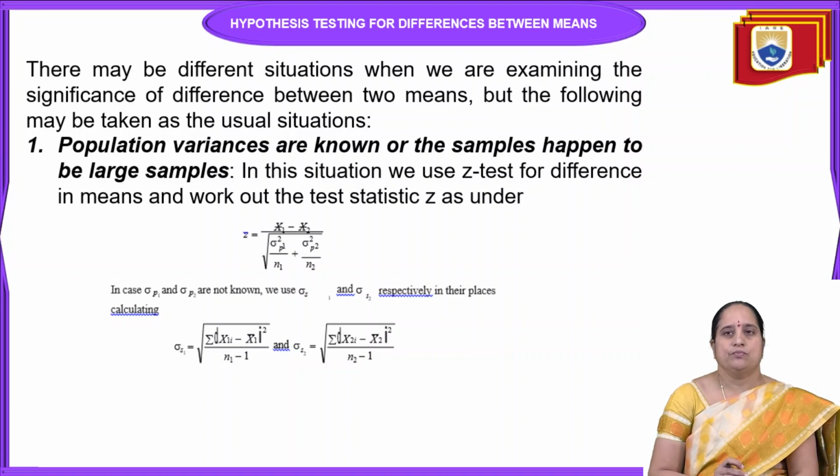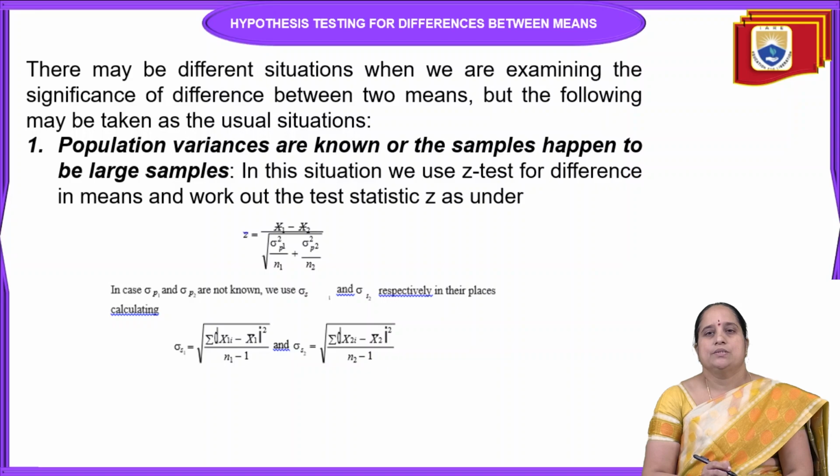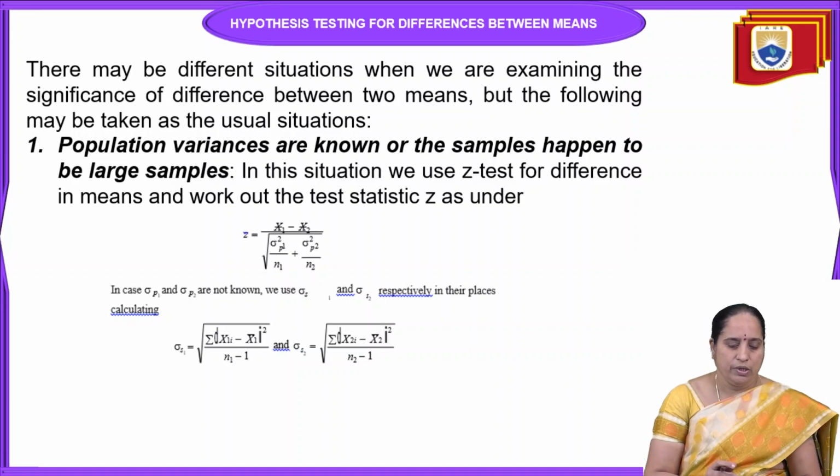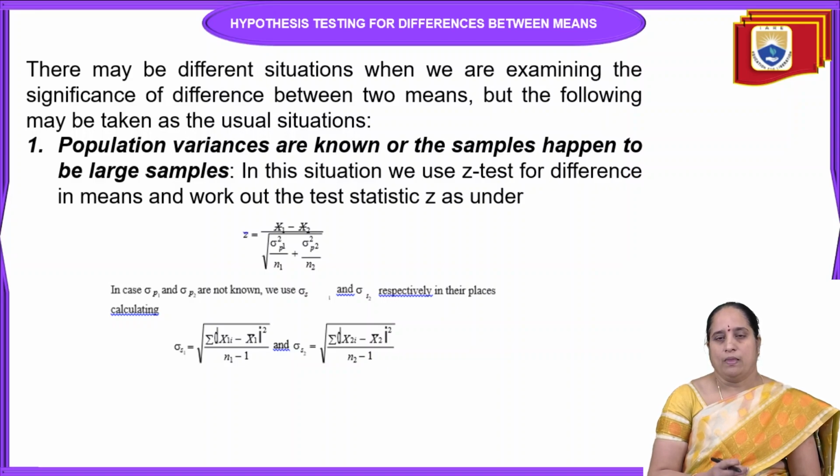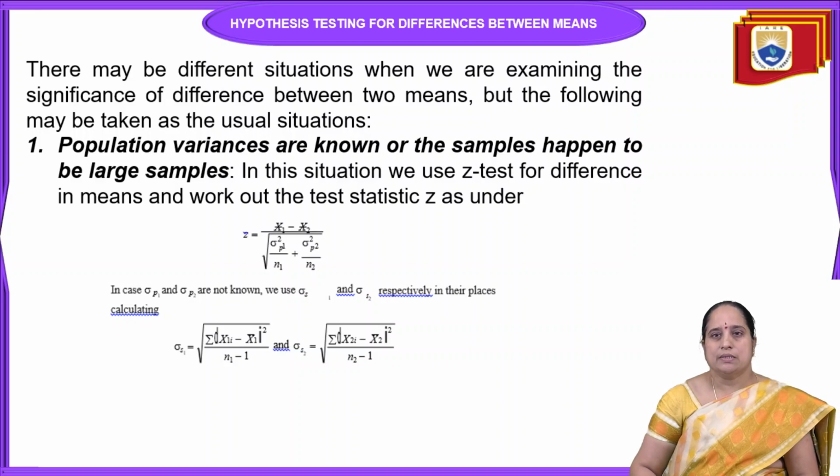In this situation, we use the z-test for difference in means and work out the test statistic z as under: z is equal to x1 bar minus x2 bar divided by square root of sigma1 square by n1 plus sigma2 square by n2, where sigma1 and sigma2 are denoted as the standard deviation of population 1 and standard deviation of population 2, and x1 bar and x2 bar are considered as the means of sample 1 and sample 2.